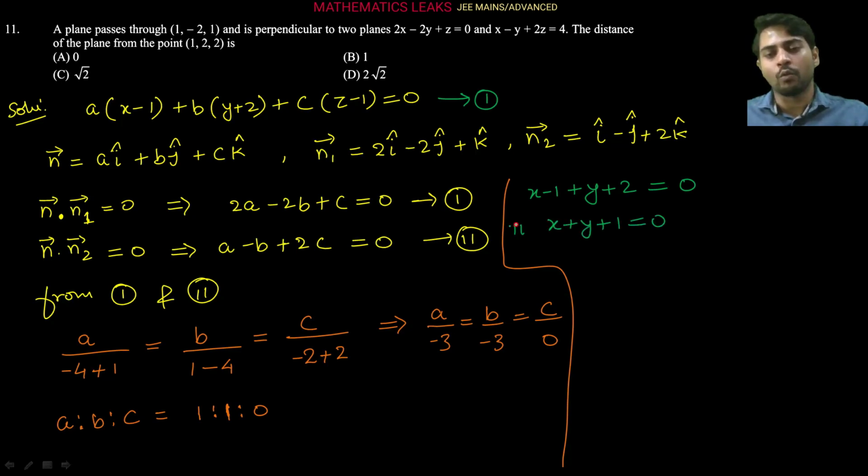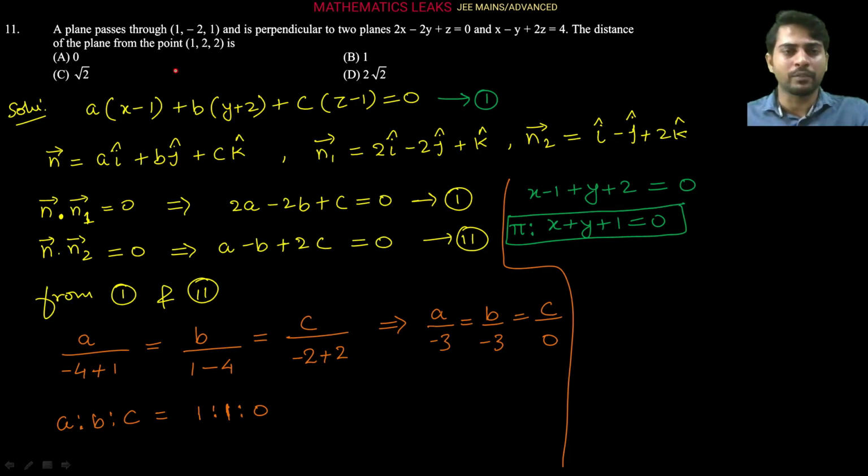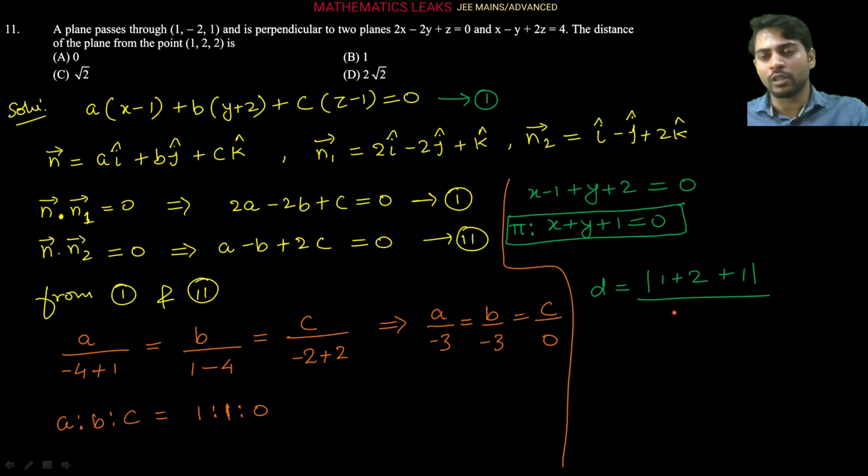This is our required plane, denoted by the pi symbol. The distance between the point 1, 2, 2 and this plane will be d equals, we put these coordinates in the plane equation in modulus: mod of 1 plus 2 plus 1 upon root over x coefficient square, which is 1, and y coefficient square, which is 1 again.